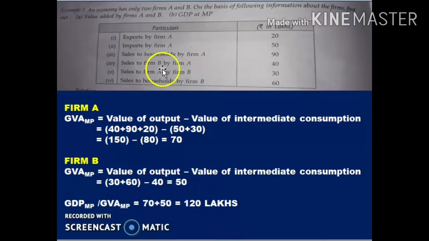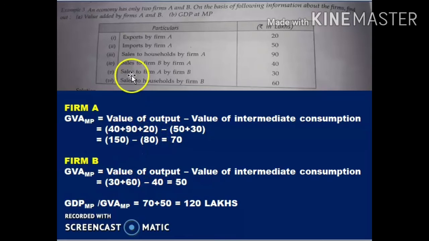Sales to firm B by firm A is a purchase of firm B, so 40 will come here in value of intermediate consumption.